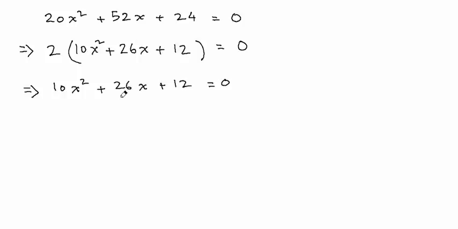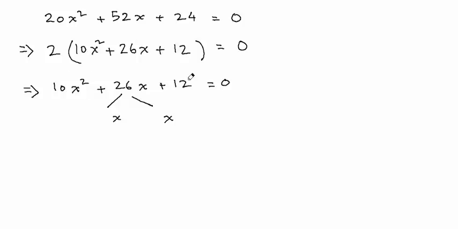And the idea of factorizing is that you want to split the term in x into two pieces, so that obviously they have to add up to positive 26, and the product of those numbers, something x plus or minus something x, has to be equal to this, which is 10x squared, times this, which is positive 12.